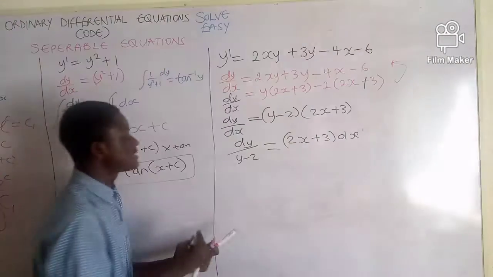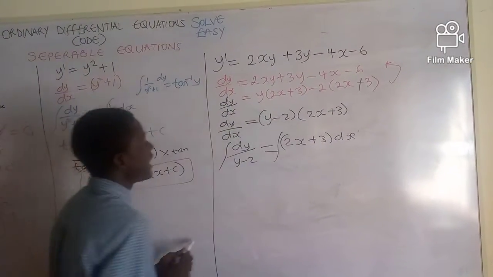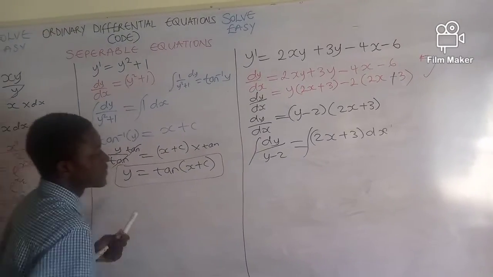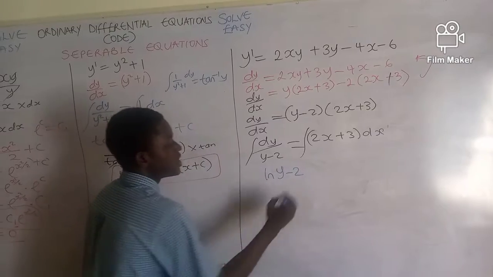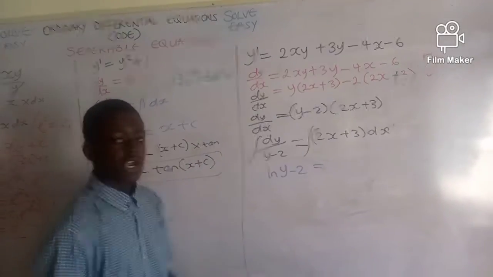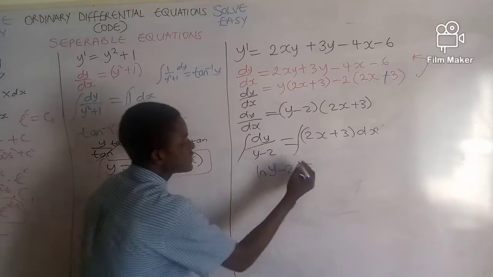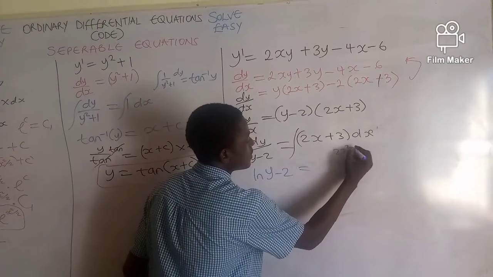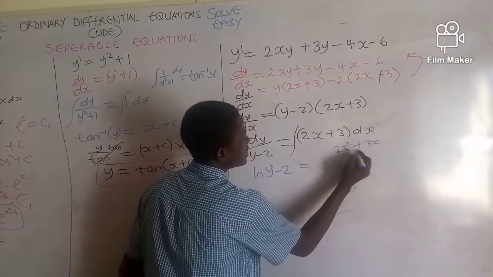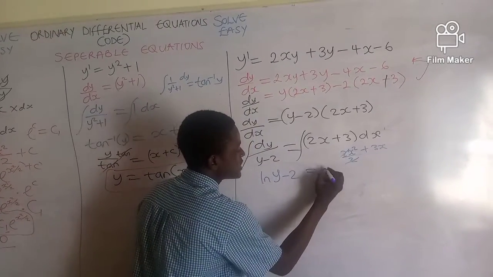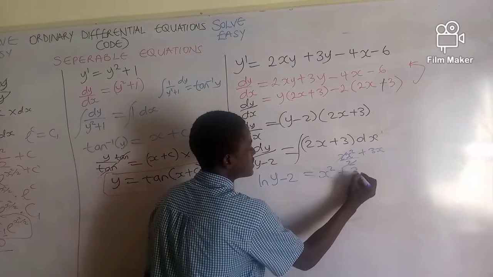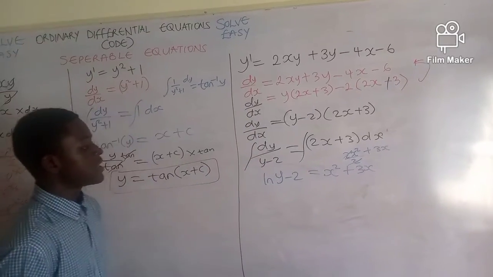This is the part where we integrate both sides. Integrating both sides, we would have the natural logarithm of y minus 2 equals, integrating this gives us 2x squared plus 3x. Here it is 2x squared over 2, the 2 cancels the 2, therefore we are left with x squared plus 3x.